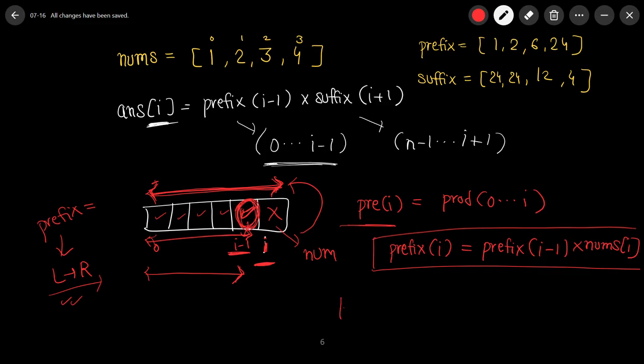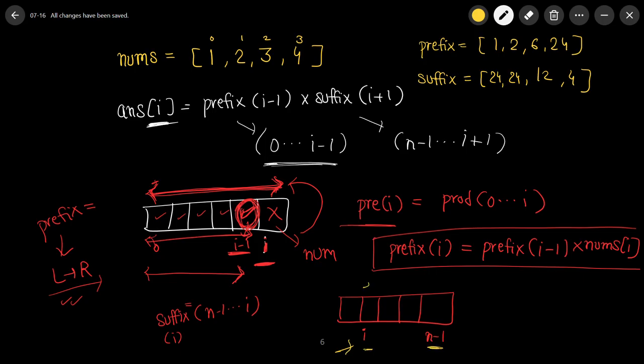Similarly, for suffix also, let's say we talk about this index I. So suffix, as I told you, was n minus 1 till I. The suffix of I meant n minus 1 till I product. N minus 1 is this. So if we talk about suffix of I, this means n minus 1 till I product, that is this portion's product. And suffix is filled from right to left. So we want this thing's product, and we would fill this.